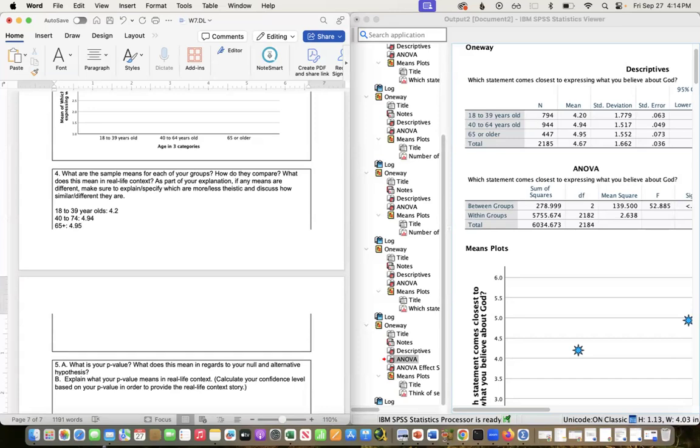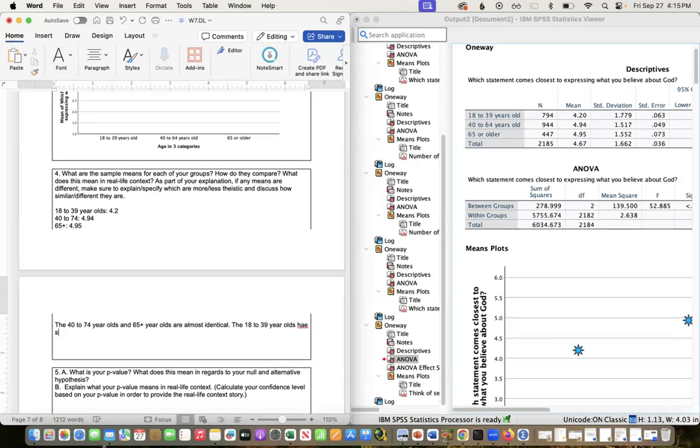So I would say that the 40 to 64-year-olds and 65 plus year olds are almost identical, right? They're like 1/100th apart. The 18 to 39-year-olds have slightly lower theistic beliefs.